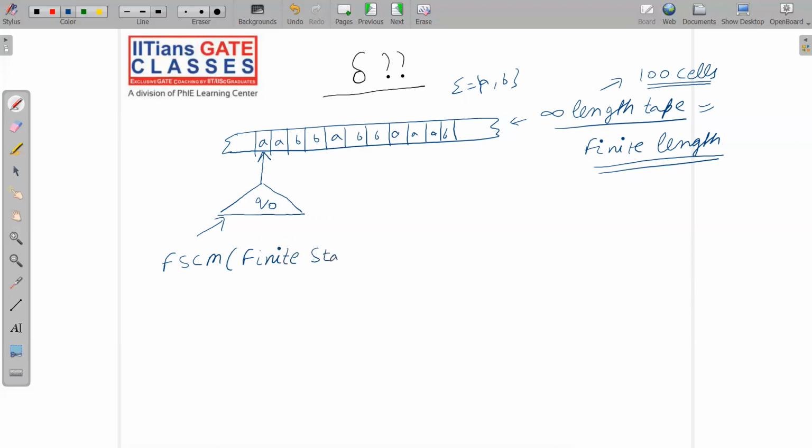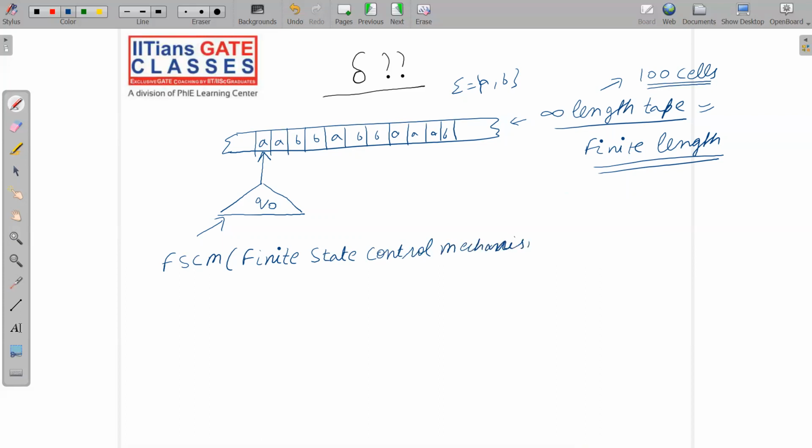Finite state control mechanism, or FSCM.